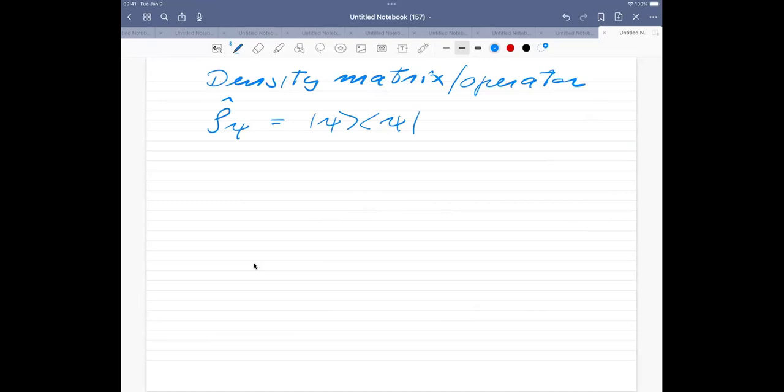We know that the system is in that state. So if you think of the helium atom in its ground state, and we know that it is in the ground state, we would say that that wave function, which represents the ground state of the helium atom, can then be used to define the density matrix. And that would be a pure state because we know exactly how to define it.